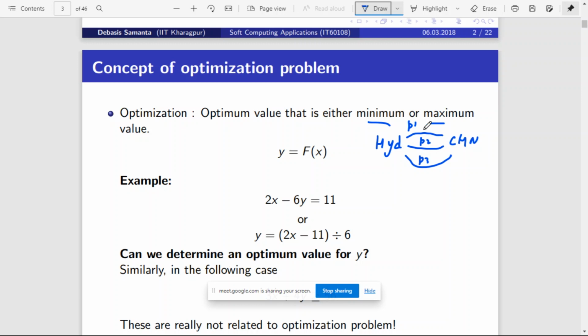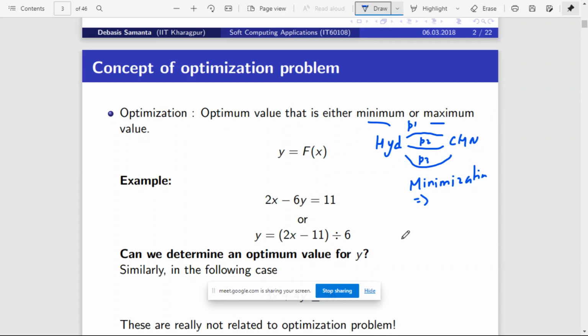So here our objective is to reduce the time, how quickly I will reach the destination. This is called a minimization problem. Here we want to minimize the value, minimize the result.